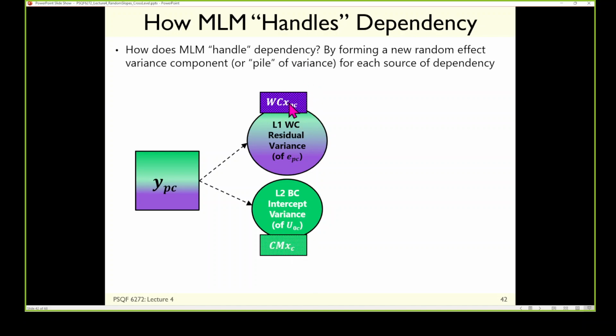Now, what if I want to know if the effect of my kid predictor varies over clusters? Where's that going to come out of? And let the colors help you answer that question. If I want to add a random slope, the extent to which having more money than other people affects your outcome varies by cluster. Where is that going to come out of?